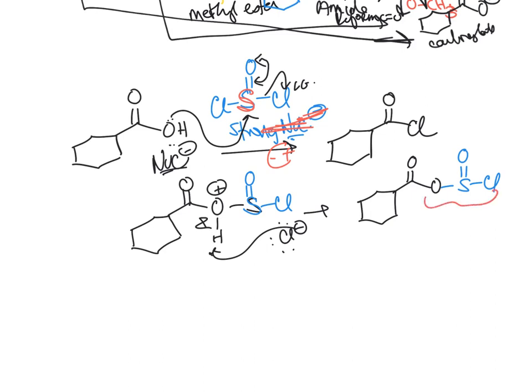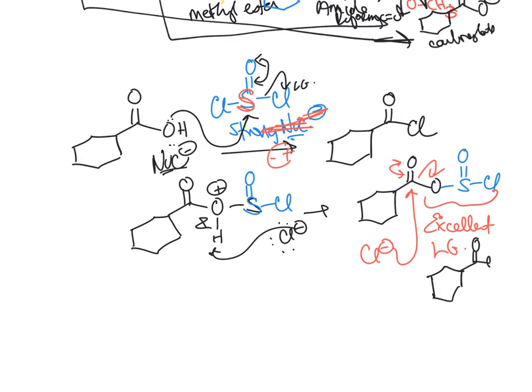Remember the tosylates, and those are excellent. I'm not even going to say good, I'm going to say they're excellent leaving groups. And so the chloride then will come in, and this will be an excellent leaving group. And that is how you make an acid chloride.